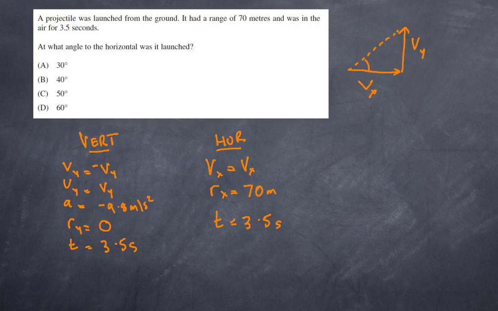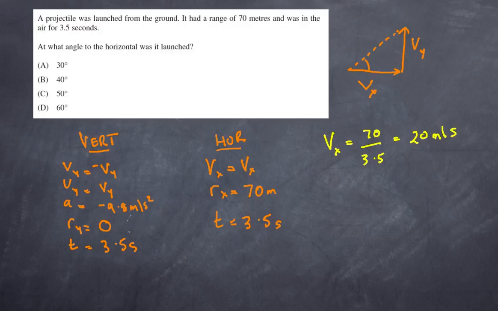So let's have a look at the equations in both the vertical and the horizontal. If I clean this up, you can see that the horizontal velocity Vx is simply displacement over time. That gives me 70 divided by 3.5, and that is equal to 20 meters per second. So hey presto, we've already got the horizontal component.